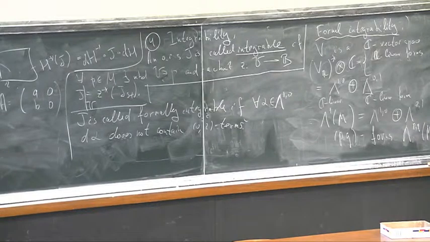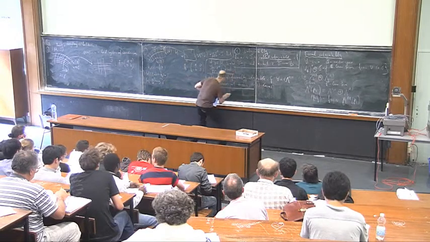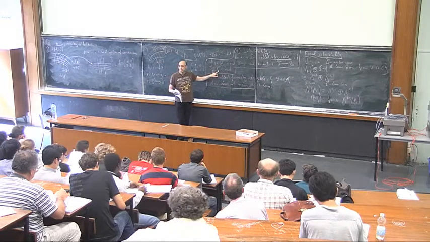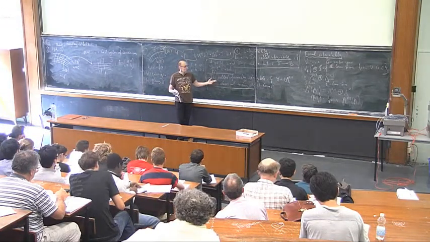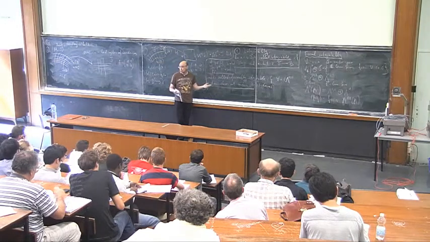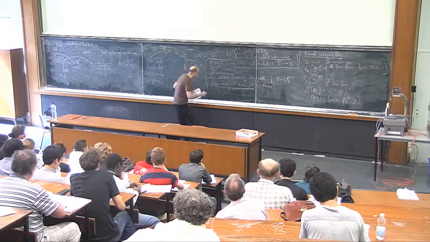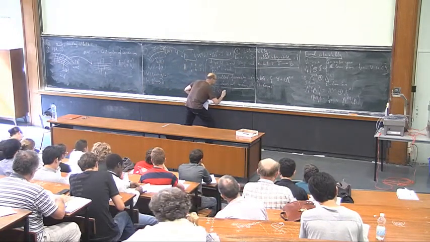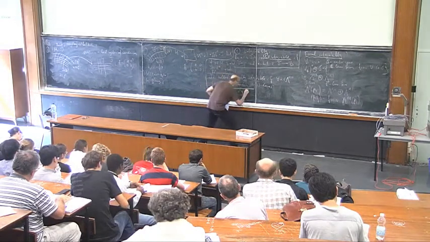Well, an obvious claim: if your almost complex structure is integrable, then it is formally integrable. Well, this is obvious because the standard complex structure is, of course, formally integrable, right? So J integrable implies formally integrable.